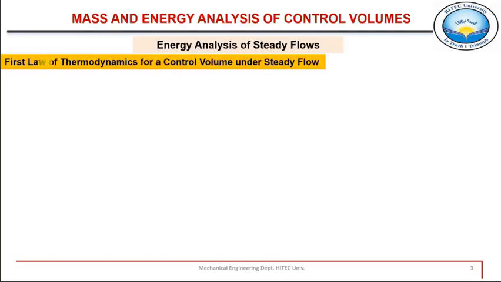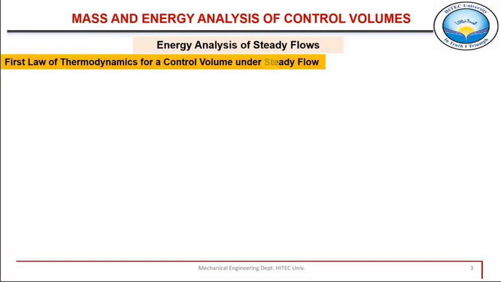And we have already studied the mathematical forms of the first law of thermodynamics for various cases: for control volume, for control mass, and for a cycle also. So for now we shall be studying the first law of thermodynamics only with respect to control volume under steady state operation.